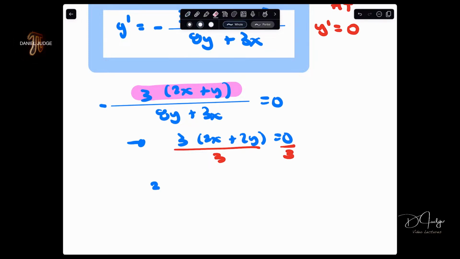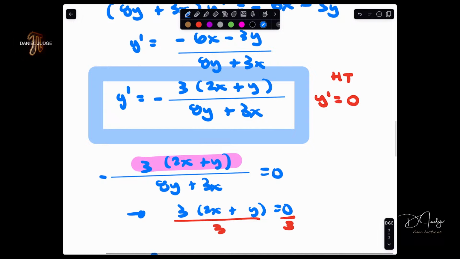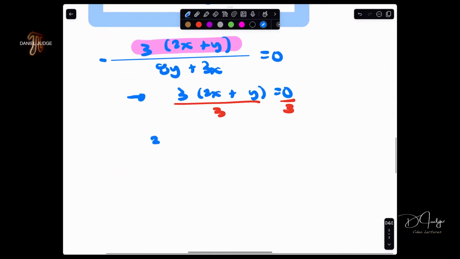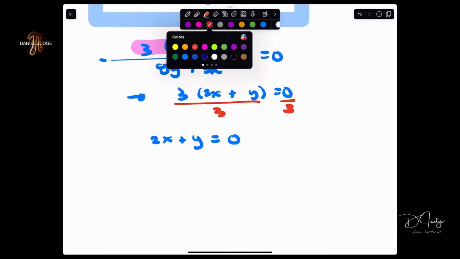And that'll be 2x plus y. We got to be careful here. Very careful. Let's do the algebra correctly. 2x plus y is 0 here. So you might look at this, and this is my point when I said a while back before.